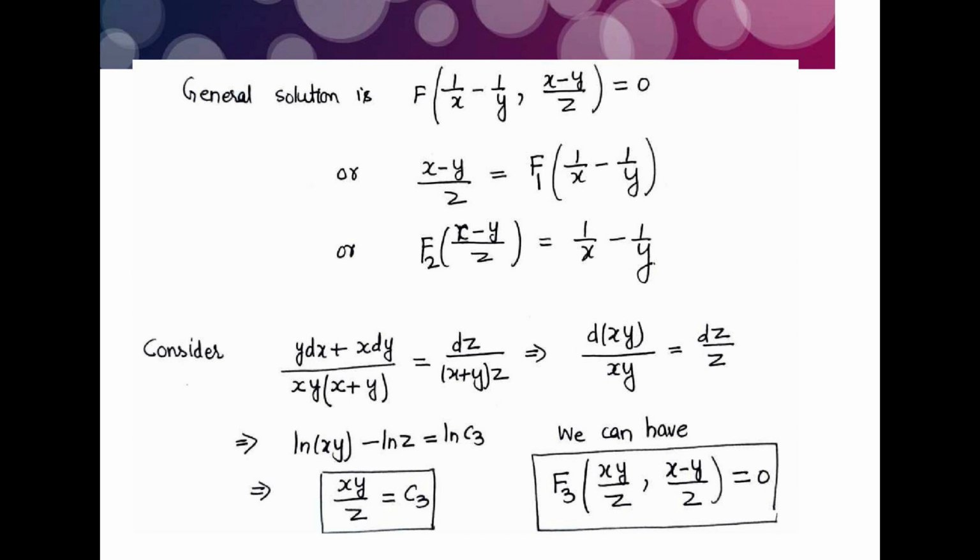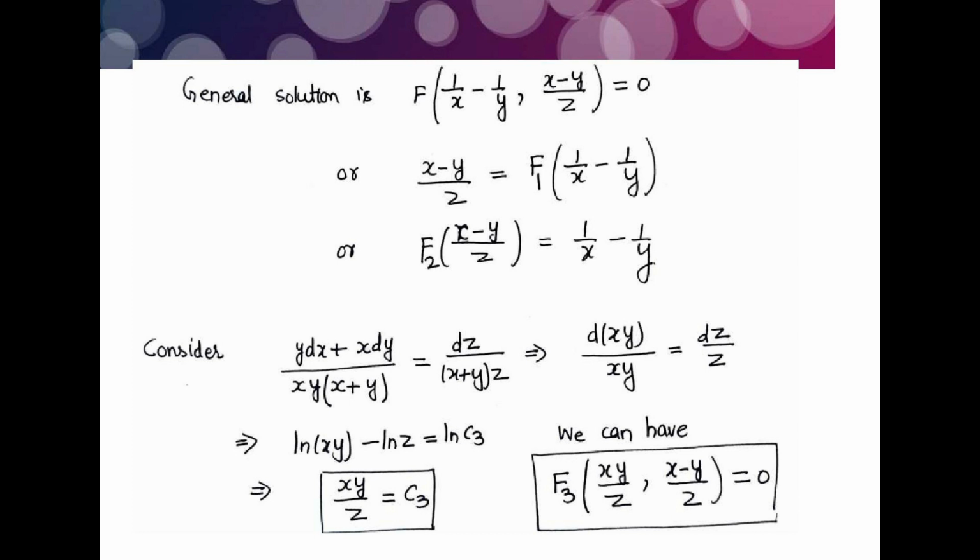This is equal to dz upon z. Now this is in integrable form. Now we can integrate this. We get ln xy minus ln z equal to ln c3, and finally we have xy over z. This is equal to c3.